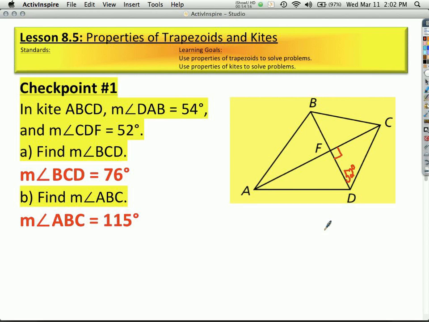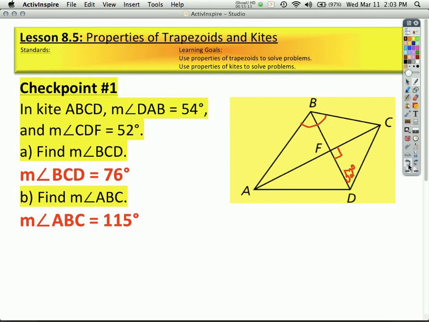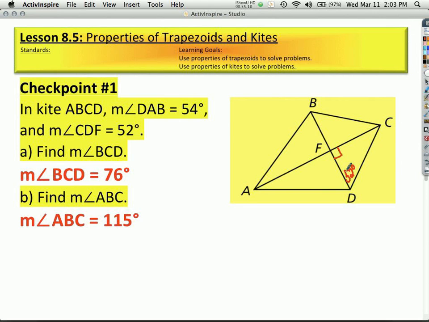Okay, but you were asked, they are congruent. This angle is congruent to this one. It doesn't mean that this angle is congruent to that one. You assumed that once you had this side, that side was also 52. That's not what it says.